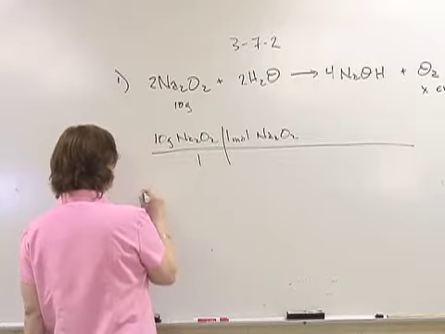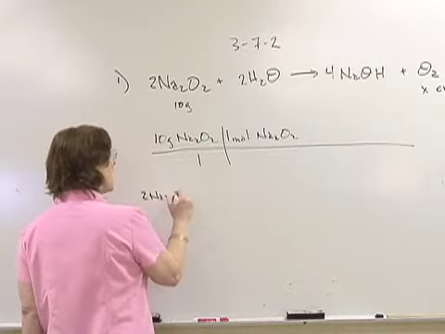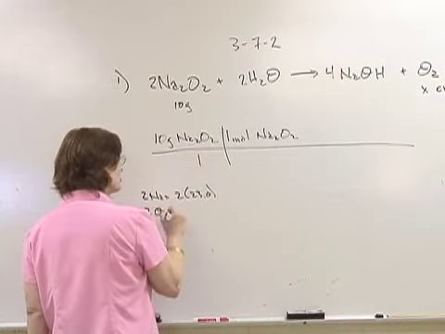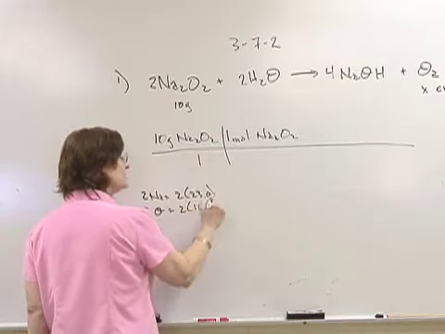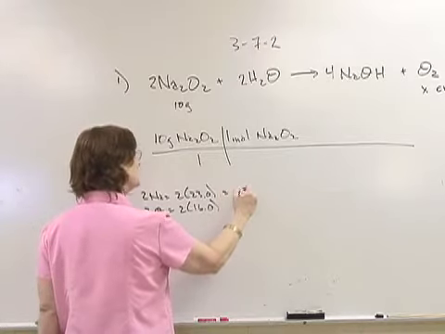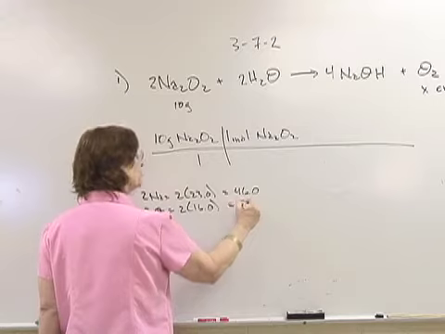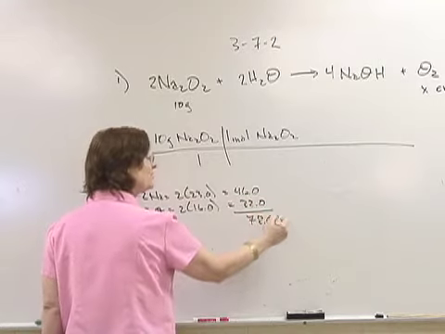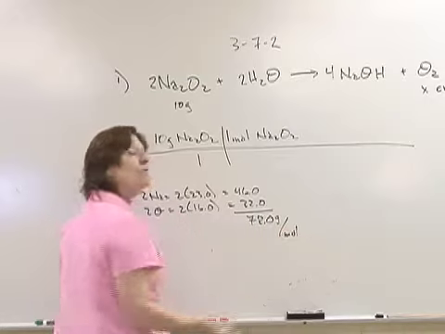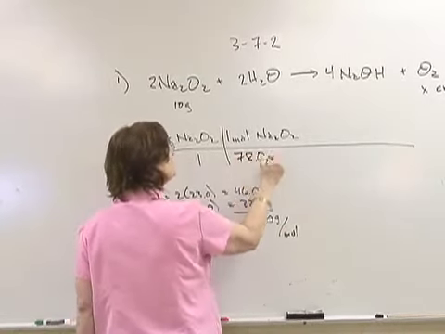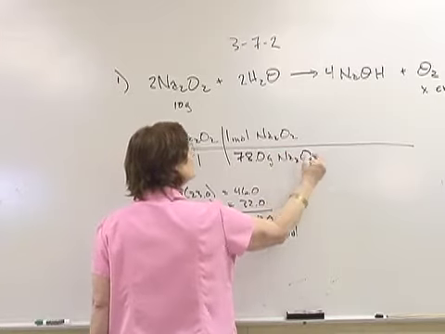There are 2 sodiums, and each sodium is 23.0. There are 2 oxygens, and each oxygen is 16.0. And then I get 46 and 32, which gives me a total mass of 78.0 grams per mole for sodium peroxide. And therefore 1 mole of sodium peroxide is 78.0 grams.